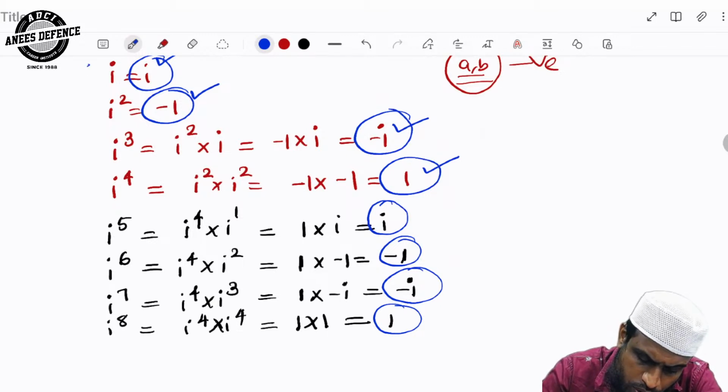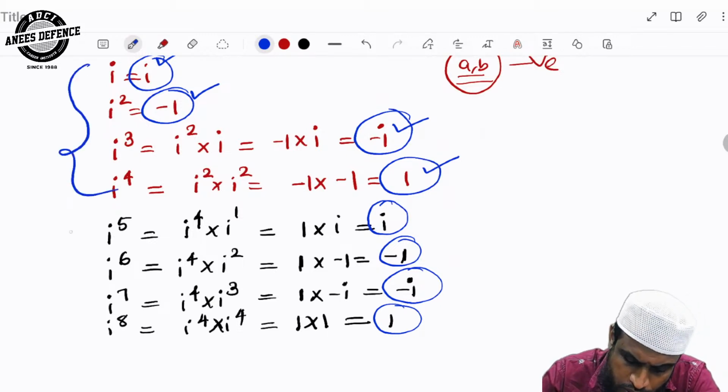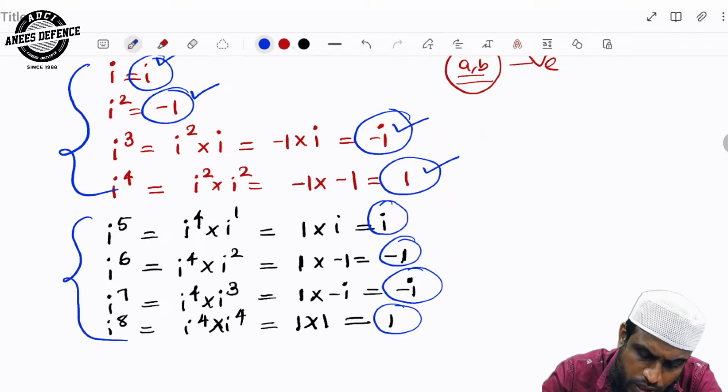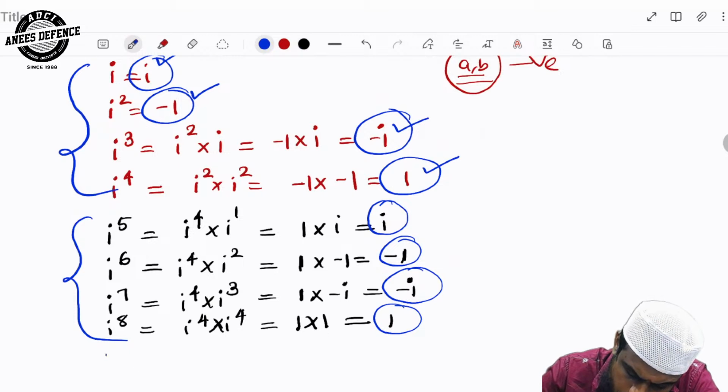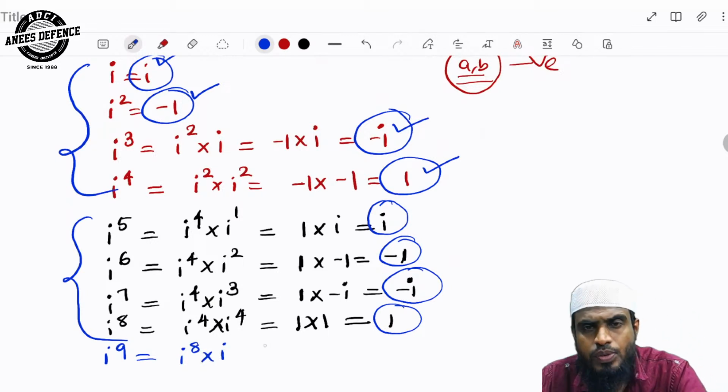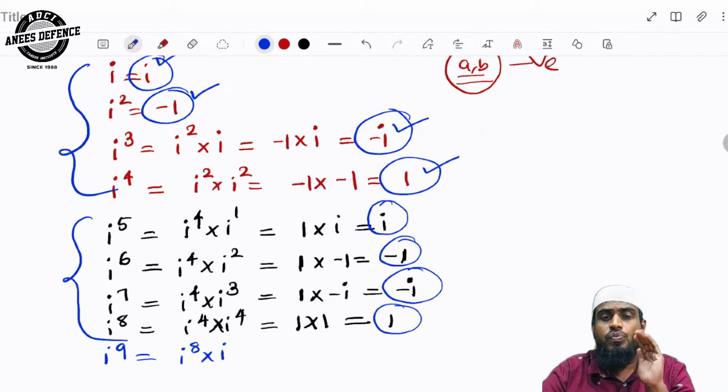This term is repeated. This term is again repeated. If you write the same case again, I raised to 9 can be written as I raised to 8 into I. I raised to 8 is 1 because 8 is a multiple of 4.